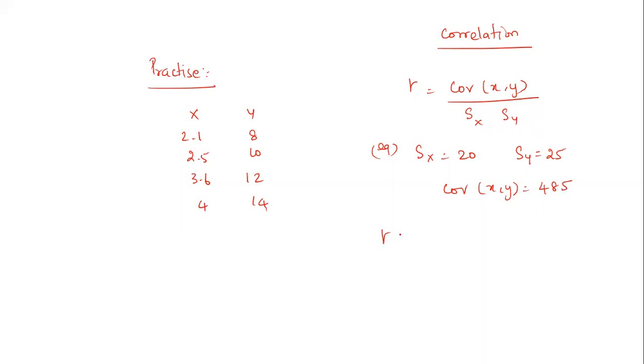In this case, the correlation is nothing but 485 divided by 20 into 25. So this is 0.97.